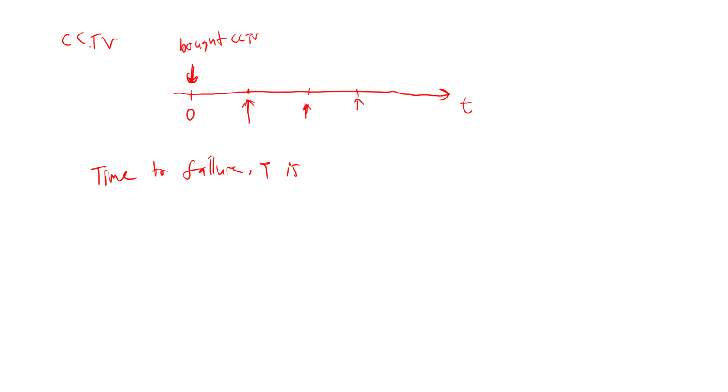It could be that your neighbor's CCTV functions longer than yours, so it is randomly distributed. So time to failure is a random variable, and we have to treat it as a random variable.